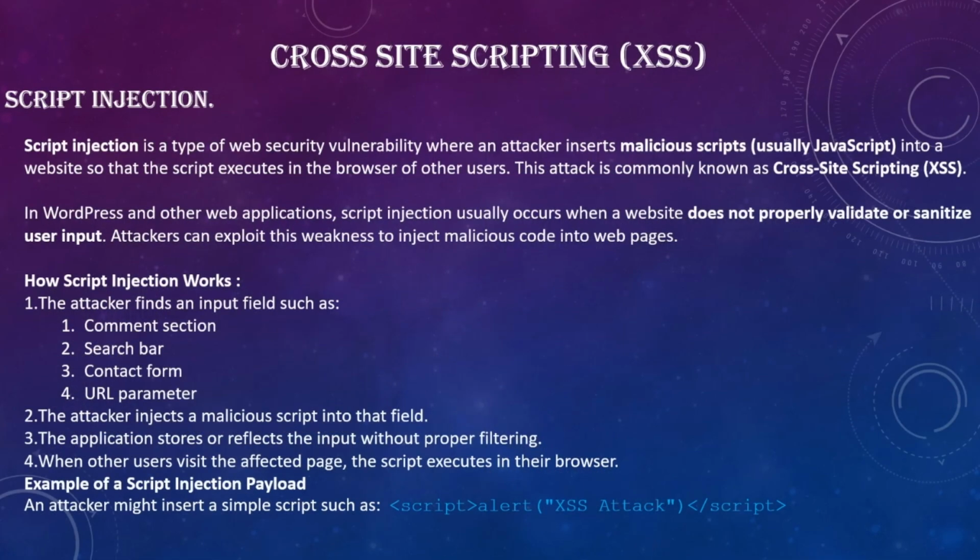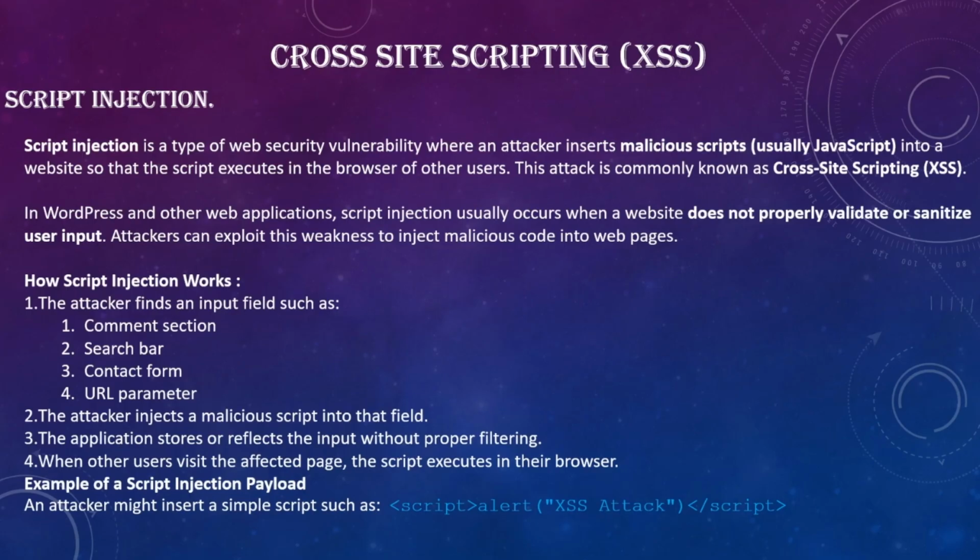Cross-site scripting is script injection. Script injection is a type of web security vulnerability where an attacker injects malicious scripts using JavaScript into a website, and the script executes in the browser of other users. These attacks are commonly known as XSS, cross-site scripting.